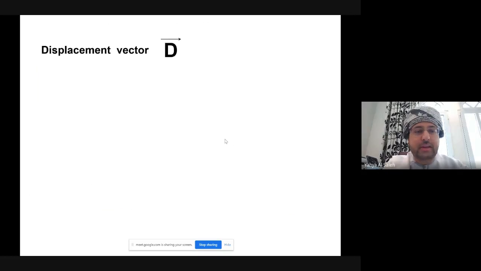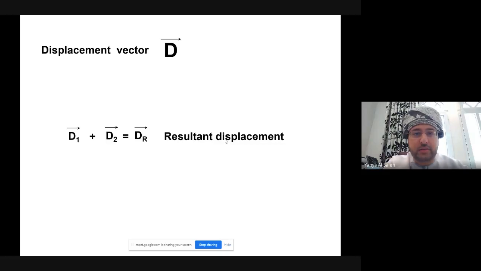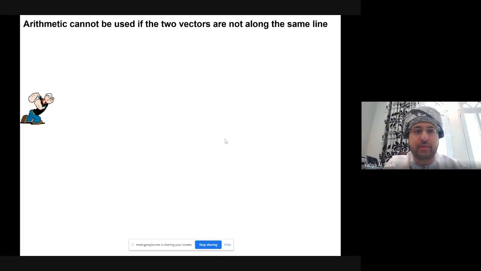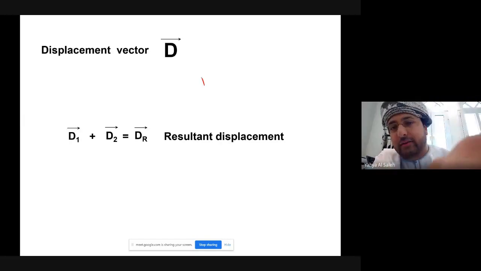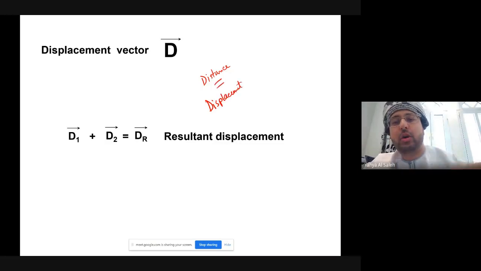So now we define what we call a displacement vector and what we call a resultant displacement. And this is our first difference between distance and displacement. They're both with D. We have distance and we have displacement, and these two are not equal.